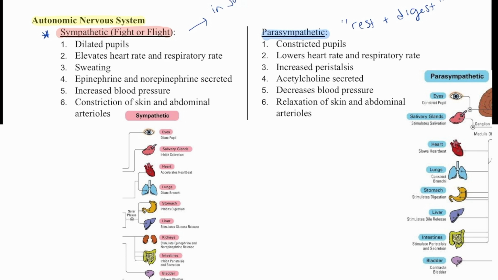So we're going to instead have constricted pupils, a lower heart rate and respiratory rate, increased peristalsis, so this is our digestion, the food moving through our digestive tract. Acetylcholine will be secreted. We'll have decreased blood pressure and relaxation of the skin and abdominal arterioles.